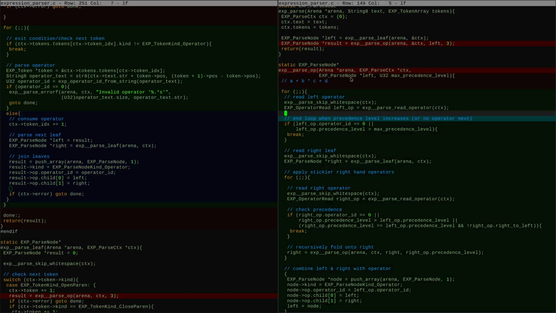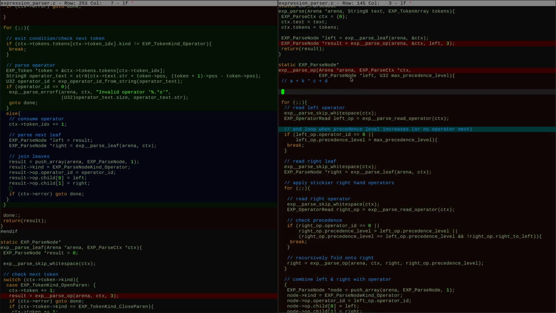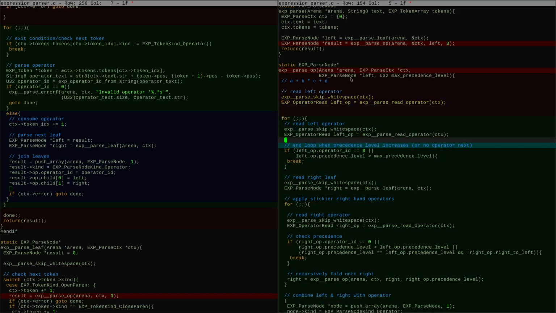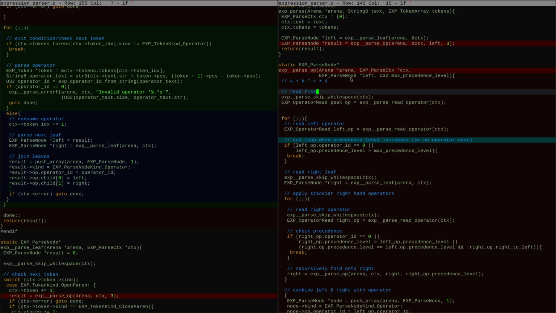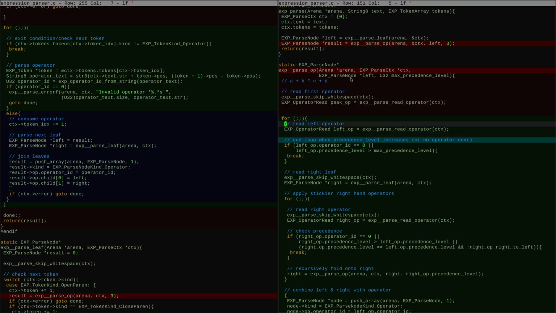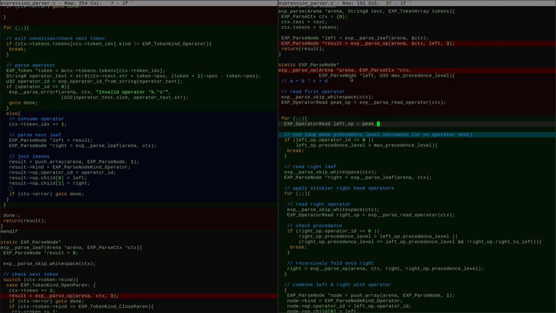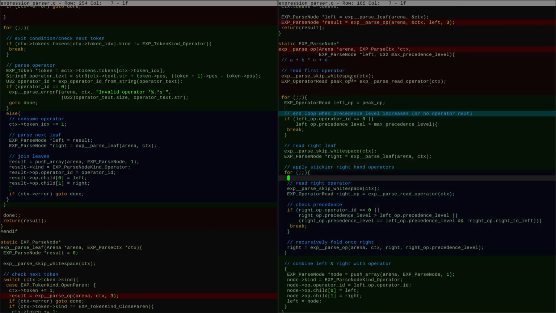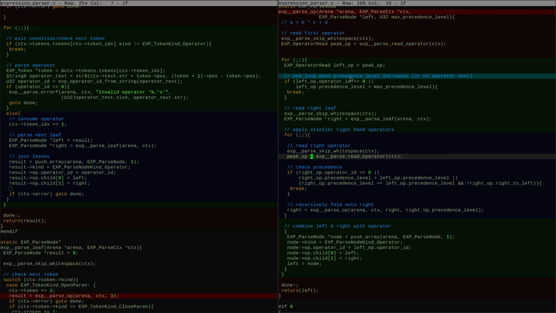Okay, so one thing I should do then is say, maybe we want to do this up here, sort of, but I'll just call this the peak operator, I guess. And then we'll do peak operator. And then right here, we'll use the peak operator spot again.